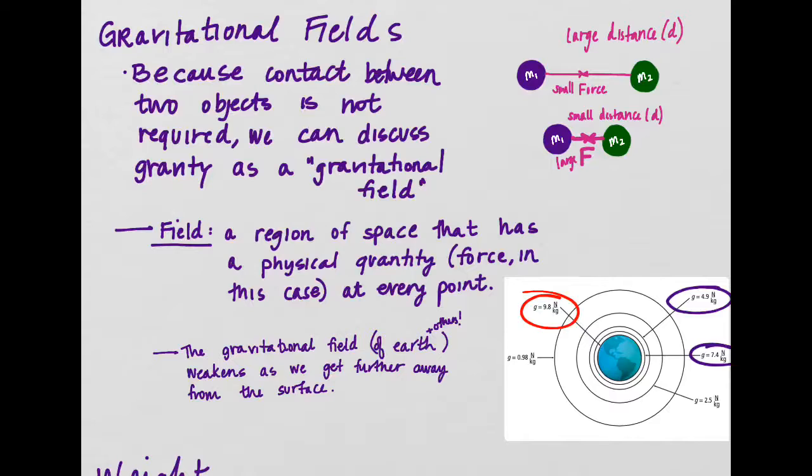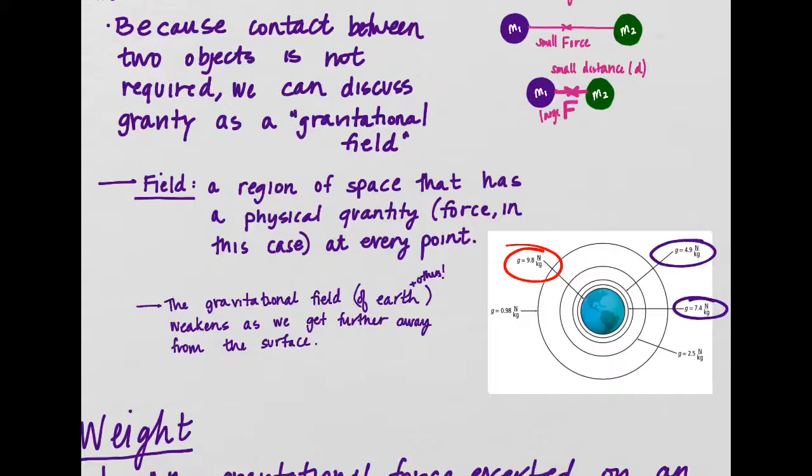Then we also talked about gravitational fields. Remember that because contact between two objects is not required, we discuss gravity as a gravitational field. And a field is a region of space that has a physical quantity. In this case, it's a force at every point. And here is a nice diagram of what a gravitational field looks like. The gravitational field of Earth weakens as we get further away from the surface of the Earth.